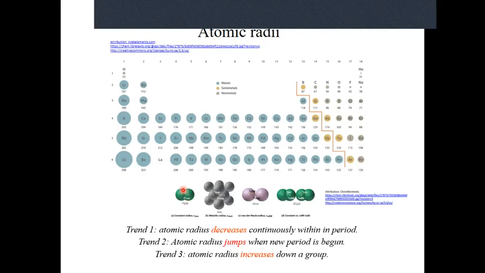Okay, so the radius would be defined by half of the distance between the two chlorine atoms in this Cl2 molecule. Okay, that would be one useful definition, and that is the so-called covalent atomic radius, or the covalent radius.